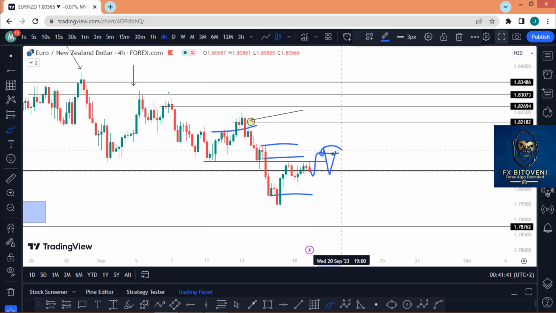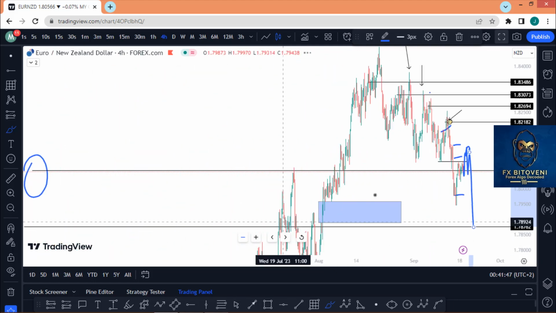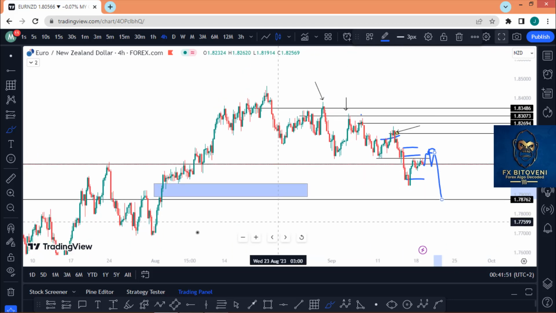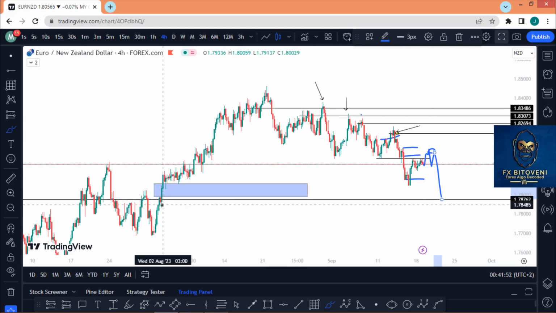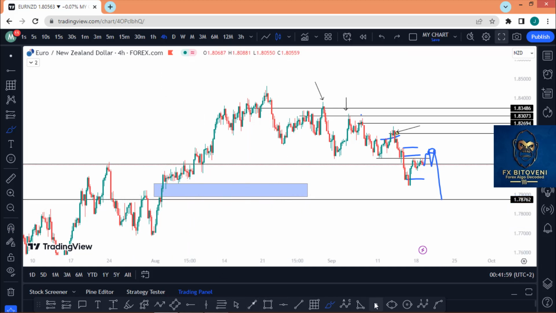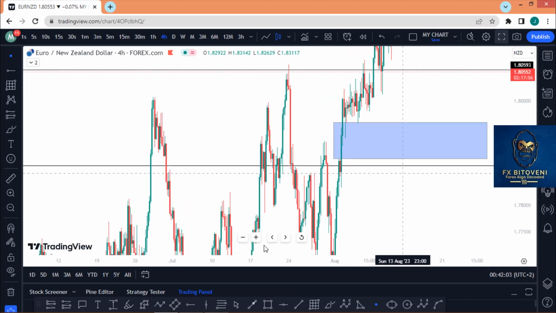Just follow that validation market is using and then sell all the way down to target your first area, with a strong manipulation here. You see that?